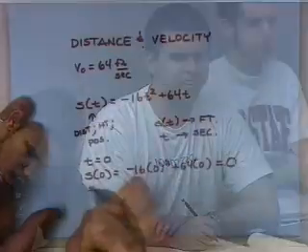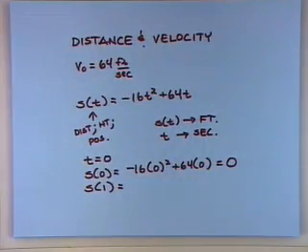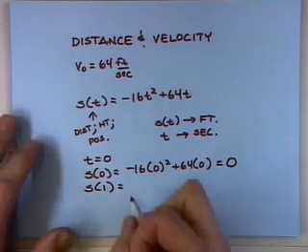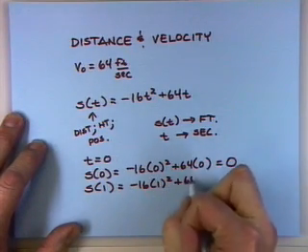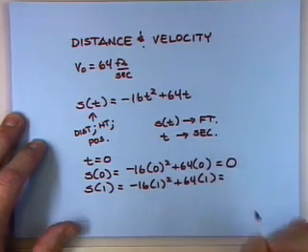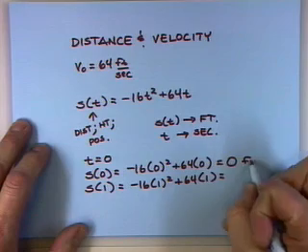And we could plug in some different values. The s of 1 ought to tell us where this object is 1 second after it was projected upward. So where is it? What is its location or position or distance or height? It's all of those at time 1. 48. 48 feet? This is feet also, right?